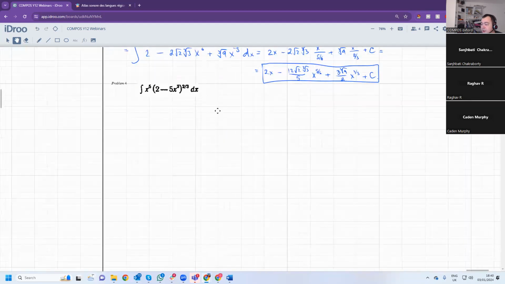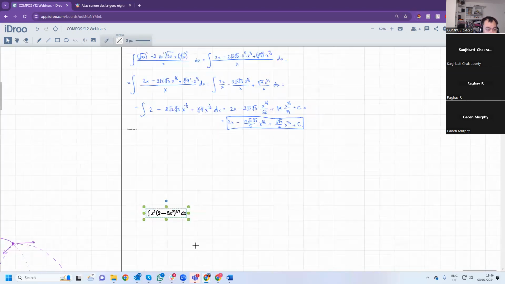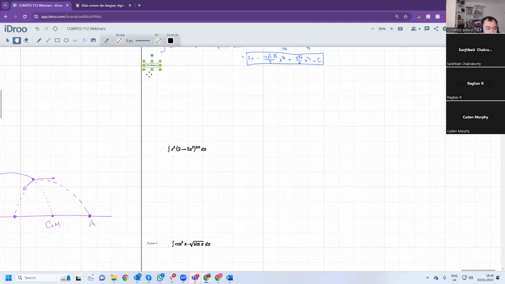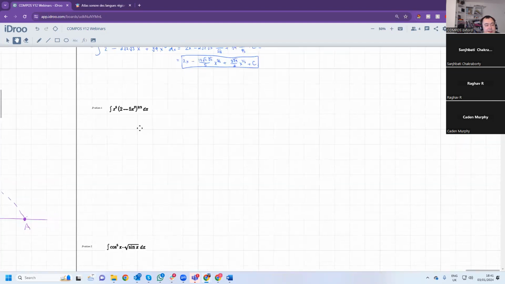The next thing which we're going to do is integration by substitution. It's quite a complicated example, so let me do a simpler one, perhaps.